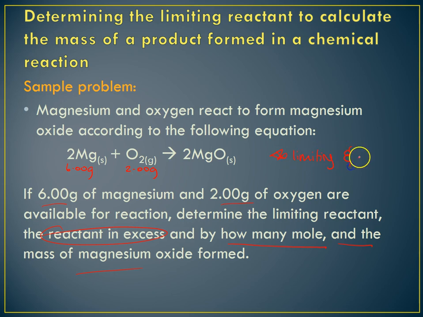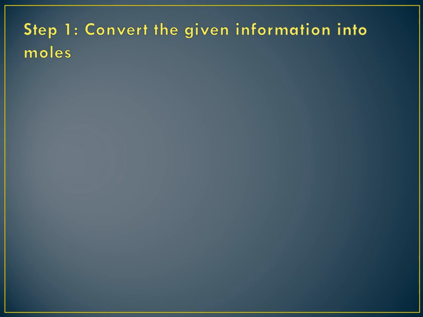So the first thing you should be doing is actually working out the mole of each of them. We want to convert the information we've been given into mole for each. We were given a mass, so we're going to use our n = m divided by Mr formula.